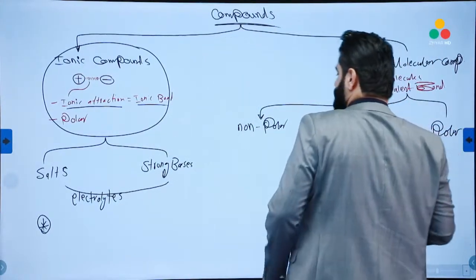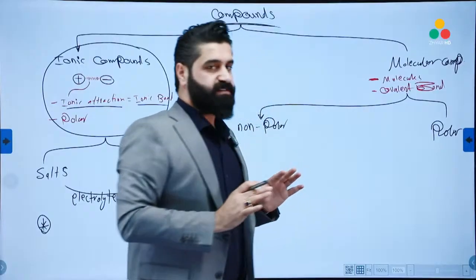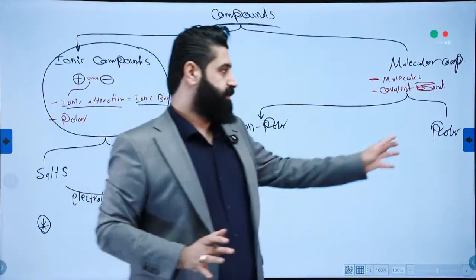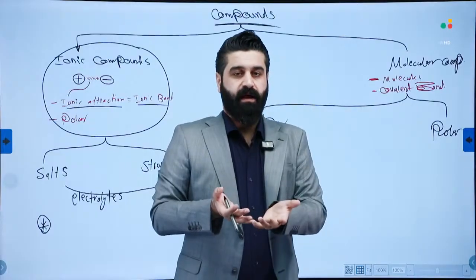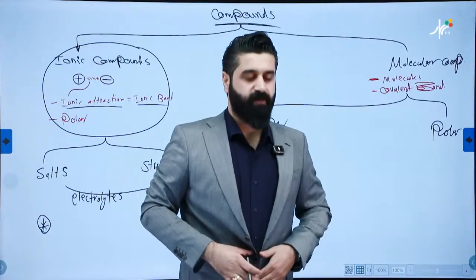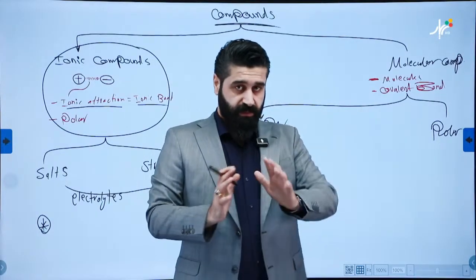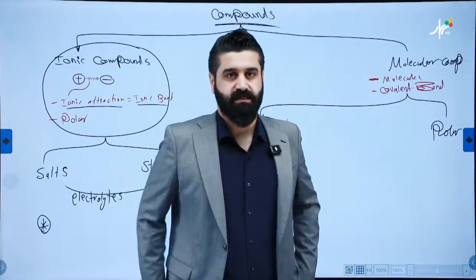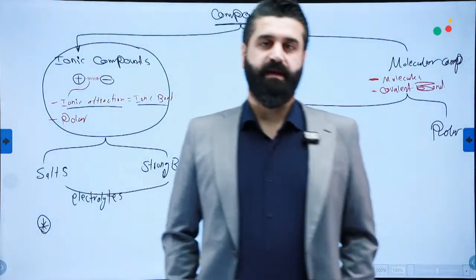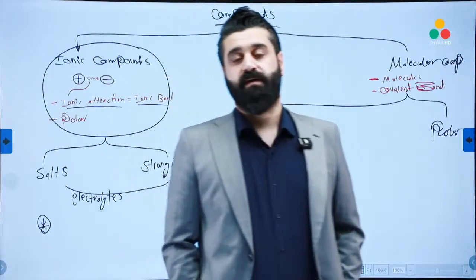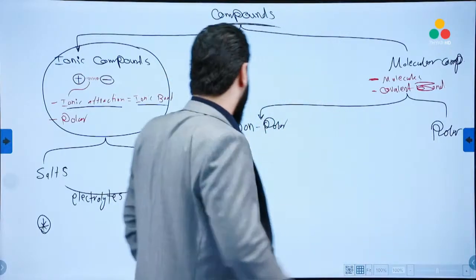What's the difference between them? Polars have positive and negative poles, but non-polars do not. And there's a quick way to recognize the polars. If they dissolve in water, that means it's a polar substance. If not, it's a non-polar substance, because water is the king of the polars.